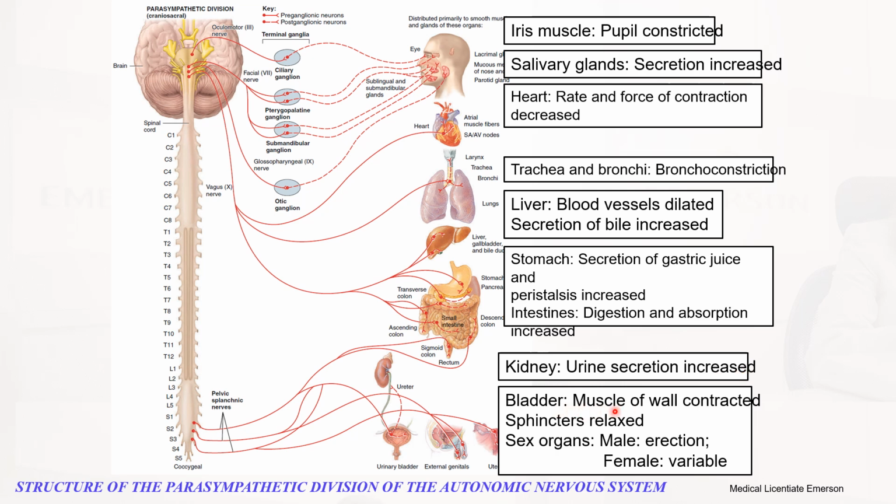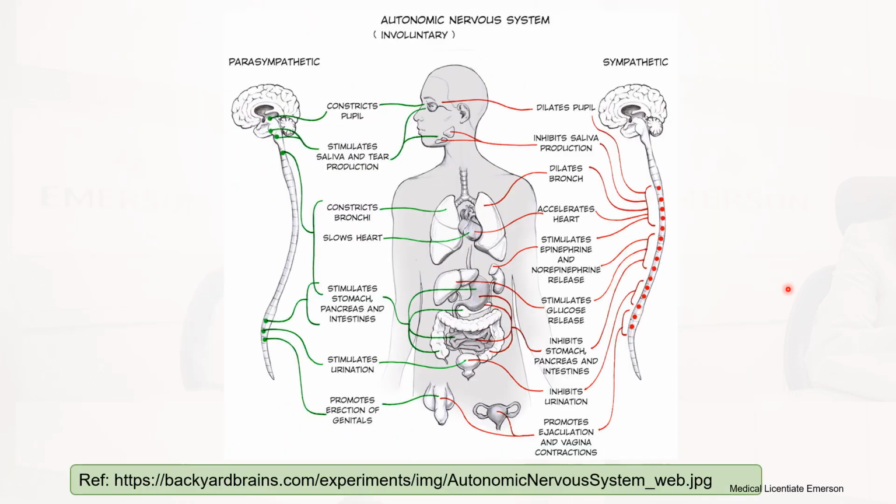Then the bladder, the muscle wall is contracted. Then the sphincters are relaxed. Then the sex organs, in males, there is going to be an erection. Then the female is usually variable. Okay, so that's the autonomic nervous system, the parasympathetic and the sympathetic. So that's the opposite of what we are talking about. If you remember, the parasympathetic, we said constriction of the pupils, sympathetic, dilatation of the pupil.